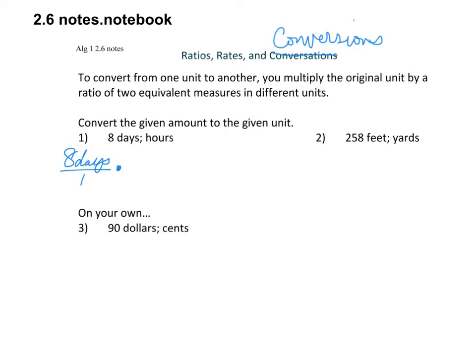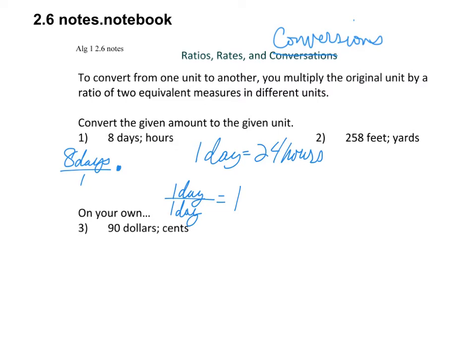This is where the idea of multiplying anything by 1 comes into play, because we know that 1 day is equal to 24 hours. If we divided 1 day by 1 day, that's just equal to 1, right? And that same idea can be used in order to convert from units of measure.